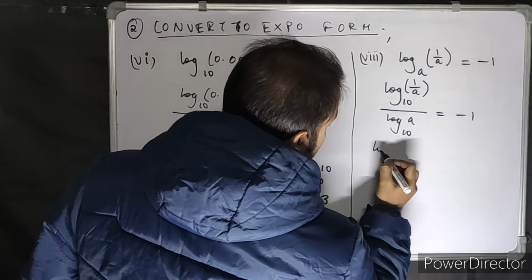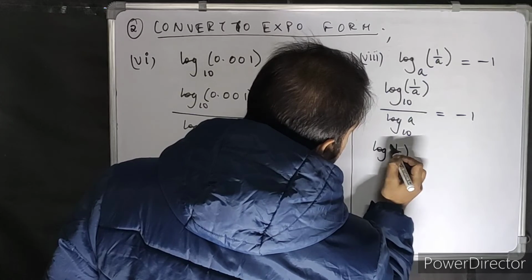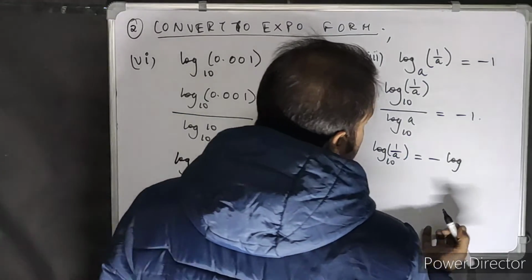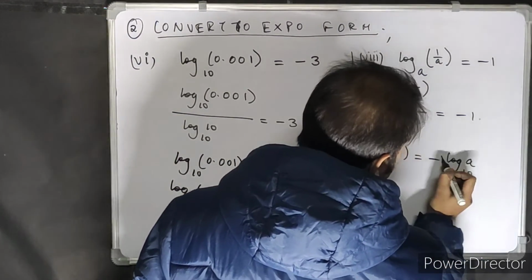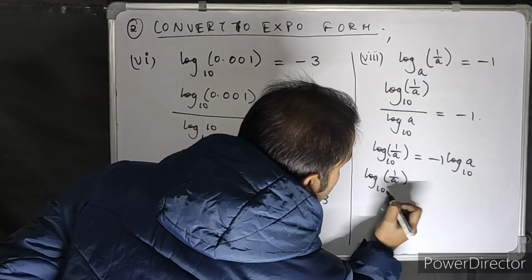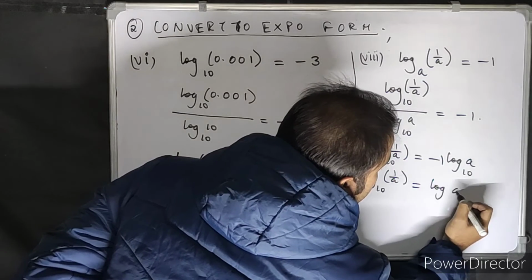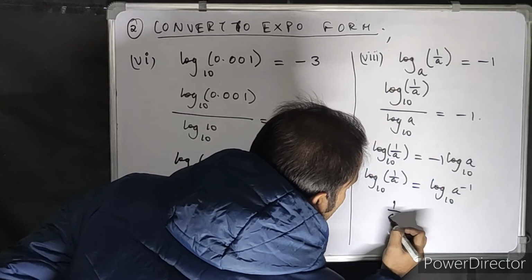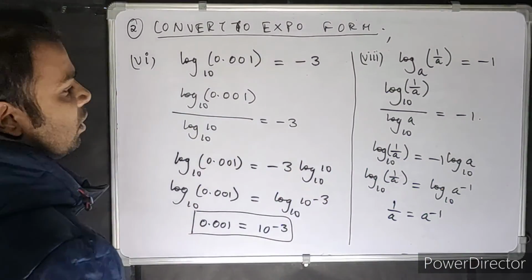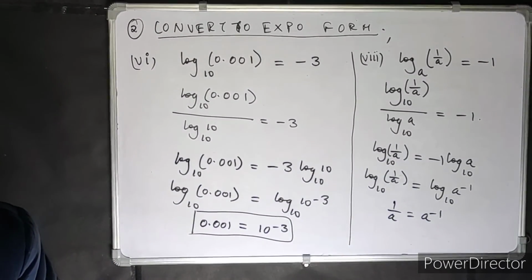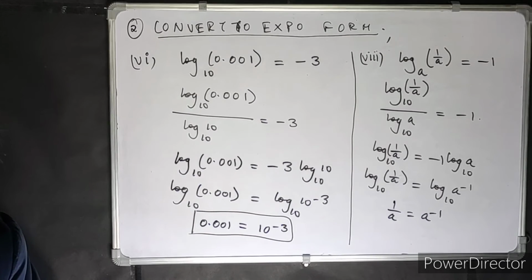Log 1 divided by a base 10 is equal to minus, of course, minus 1 nobody writes, log a base 10. You can write minus 1 if you want. Some of you will get confused. 1 by a, even if you write log a to the power minus 1 base 10, no problem. Even if you don't write, also no problem. Gone away. 1 by a is equal to a to the power minus 1. You see how calculation becomes easy? That's why it says logarithm is used to make calculation easy.